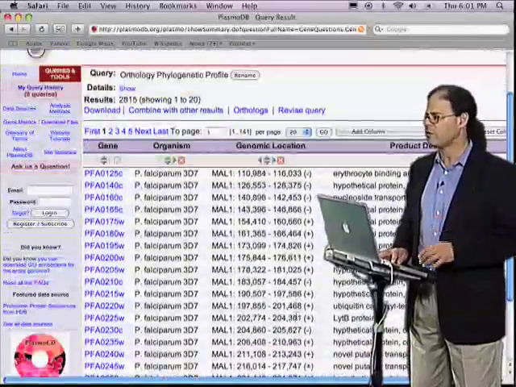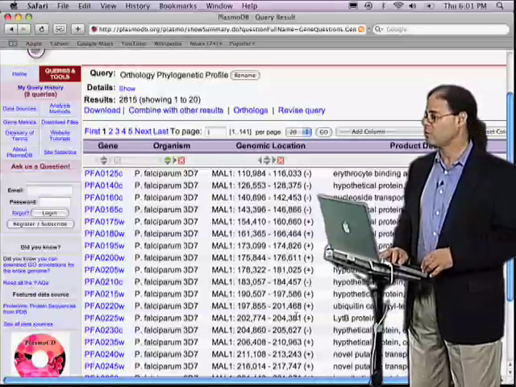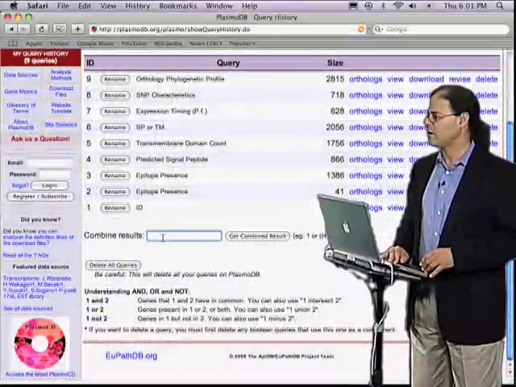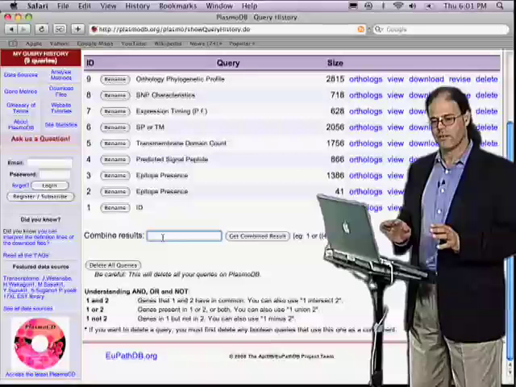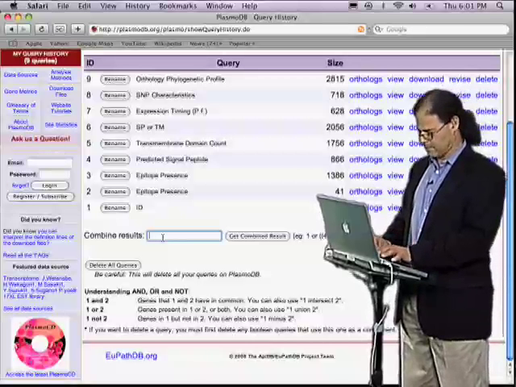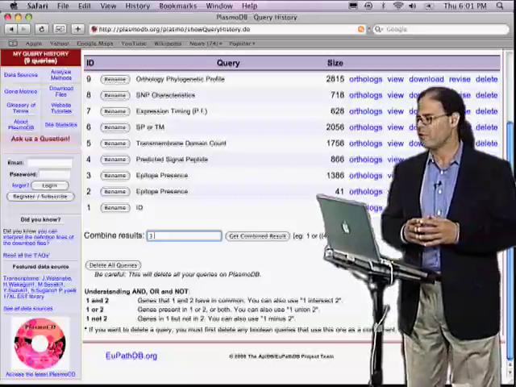So let's return to our now rather long list of questions that we suggest might be relevant to vaccine development. We've asked for proteins that have antigenicity. That was our question number 3. And I'm going to try to combine that information with the other questions I've asked.